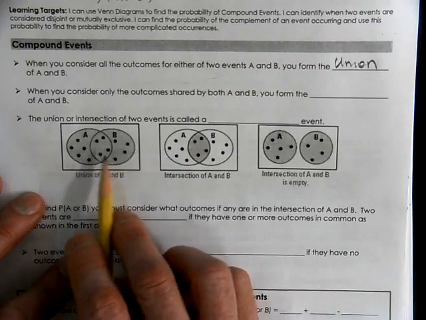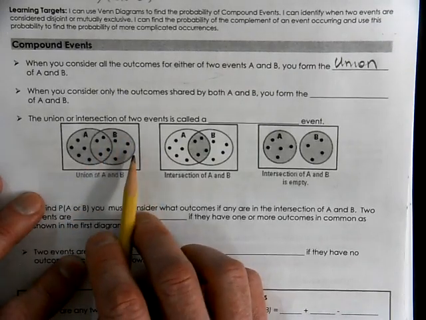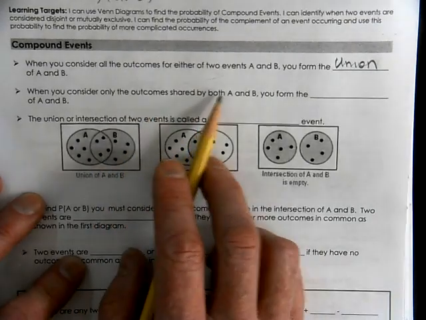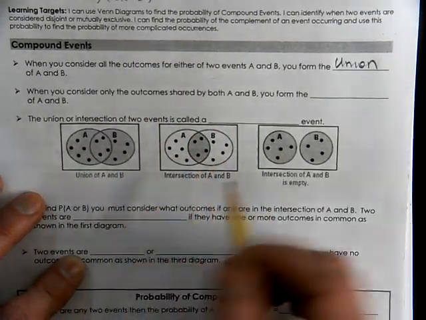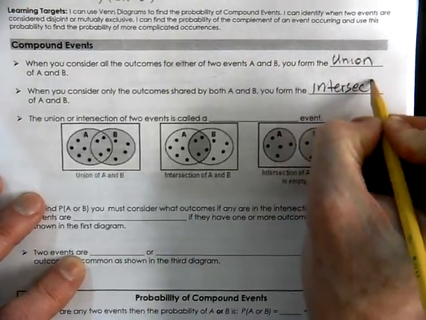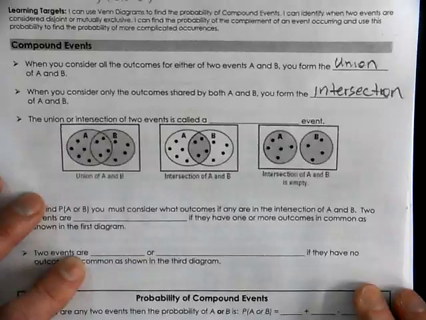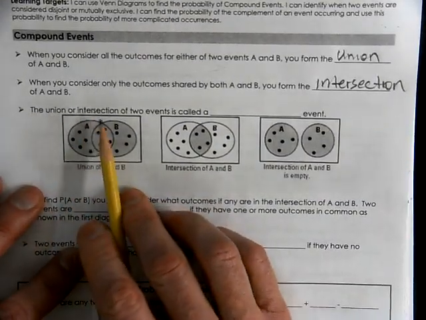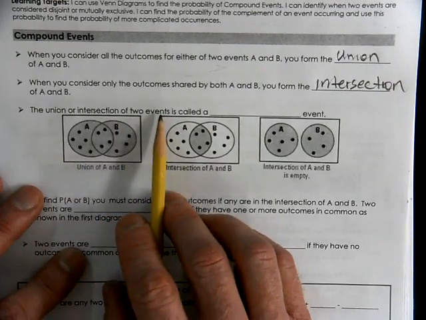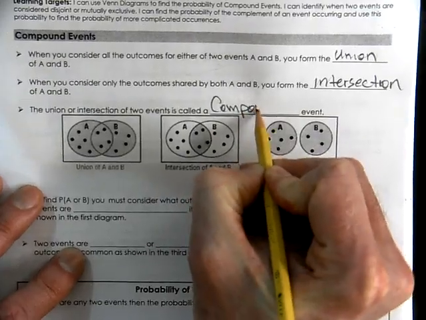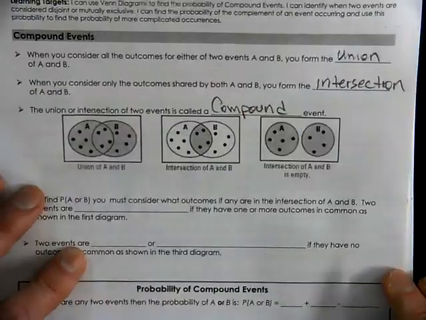We're taking all the events of A and all the events of B. When you consider only the outcomes that are shared between the two, that's the intersection. The union or the intersection of two events is called a compound event.